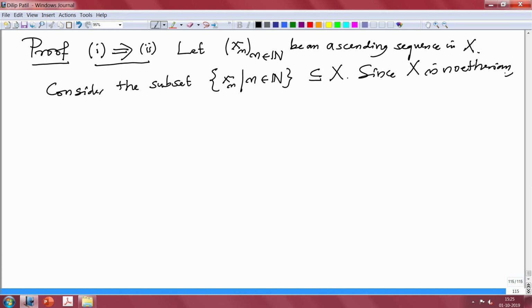by definition of Noetherianness, this subset has a maximal element. So, let x_{n naught} be a maximal element in this set.